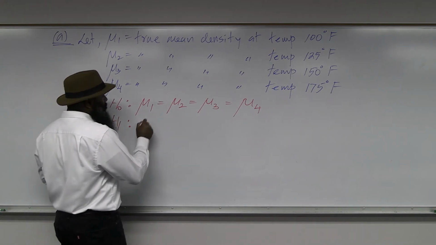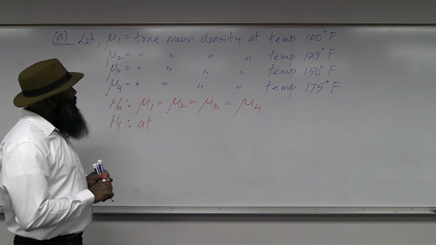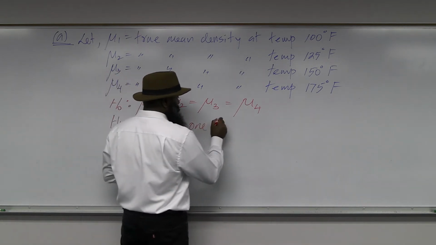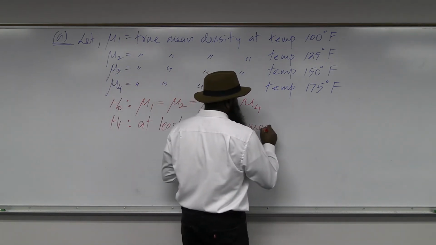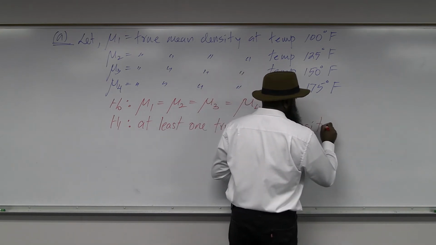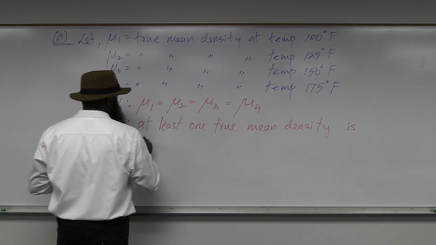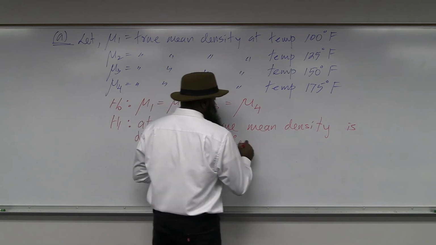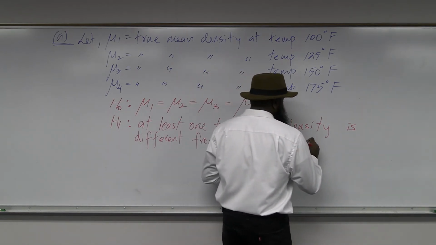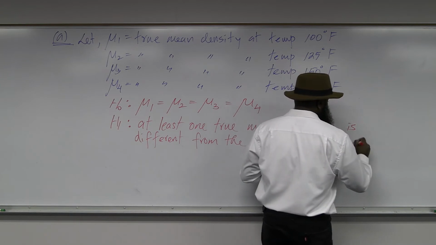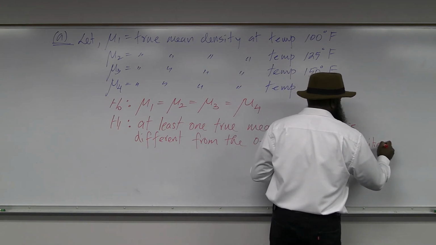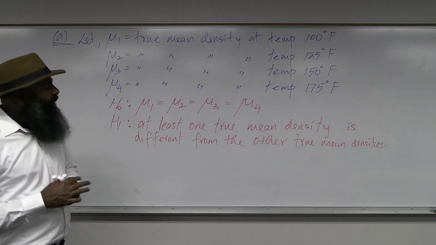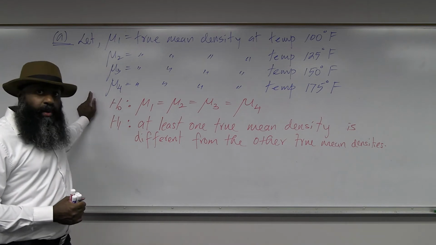We can say at least one true mean density is different from the other true mean densities. That's the complete answer for part A. If you do not define these things, I will take points off.